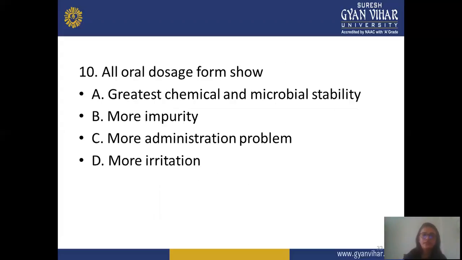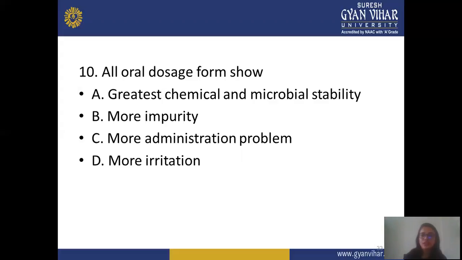The next and last, 10th question, is: all oral solid dosage forms show. First is greatest chemical and microbiological stability. This can include a solid or a liquid dosage form taken by the oral route, so both solid and liquid can be included in this 10th question.